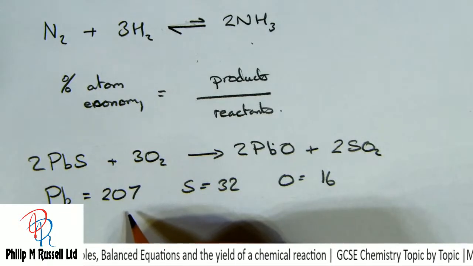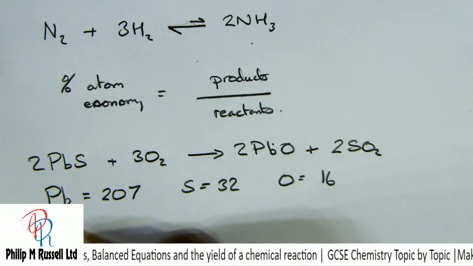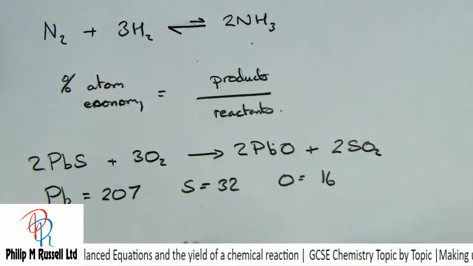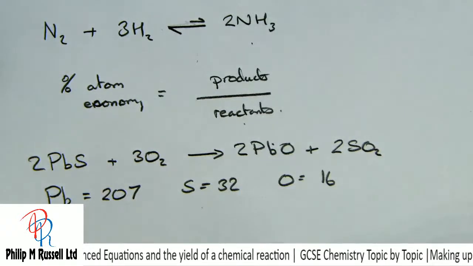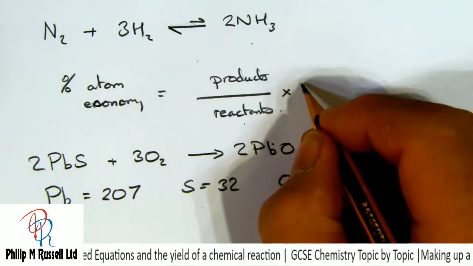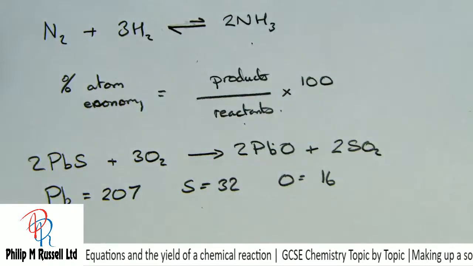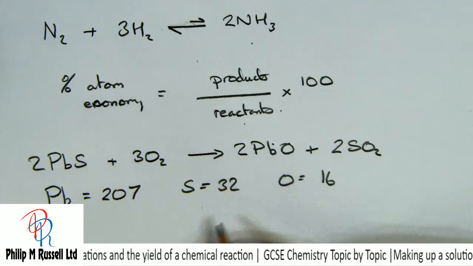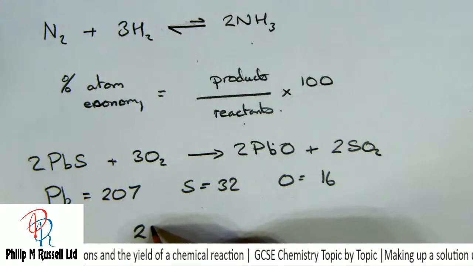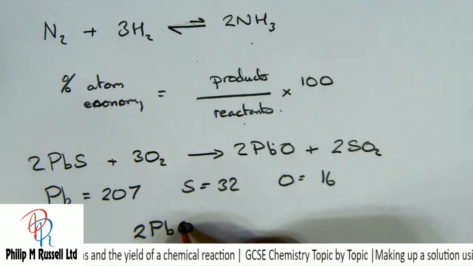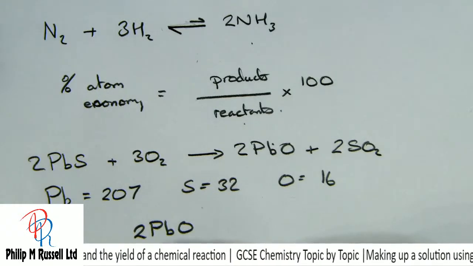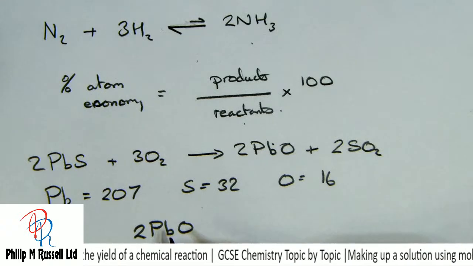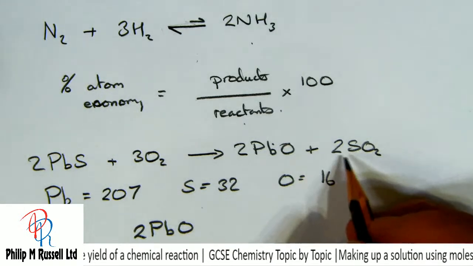So we're going to work out the percentage atom economy. It's going to be the mass of the products over the reactants, and we're going to times this by 100. So the mass of our products, it's going to be 2 lead oxides, and I'm not interested here in my sulfur.